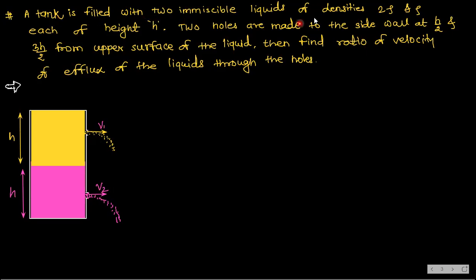A tank is filled with two immiscible liquids. So above one has, let us suppose, density rho, and the down one has density 2 rho. And they have given two holes are made to the side wall at h by 2 and 3h by 2 from the upper surface. Means this hole is at height h by 2 and this hole is at height 3h by 2 from the upper surface only. Is that clear? Right.